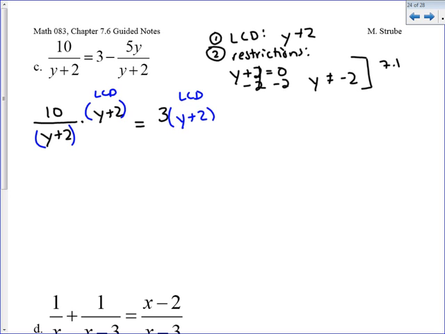When we add and subtract, we use a form of 1. When we solve, we multiply everything by the LCD. So I'm just going to set it up so everything gets multiplied by the LCD.